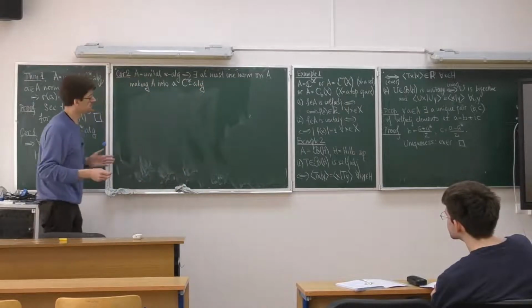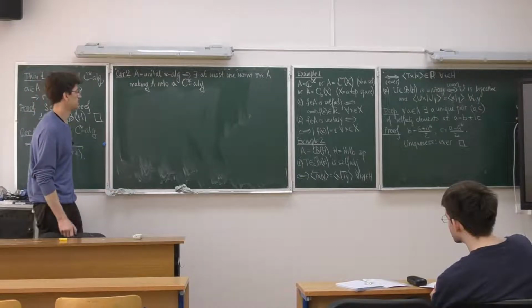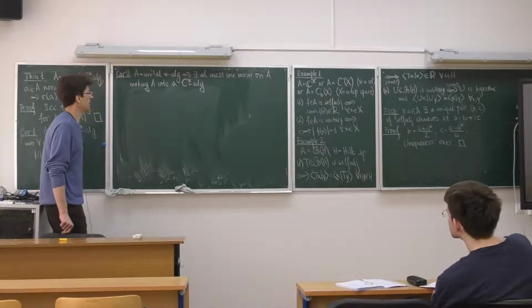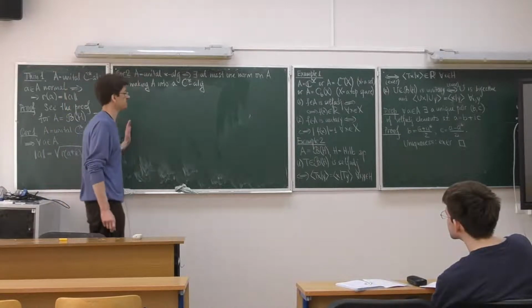I don't claim that such a norm always exists. This is not true. There are some examples of unital star algebras which cannot be made into a C-star algebra. But if such a norm exists, then it is unique.